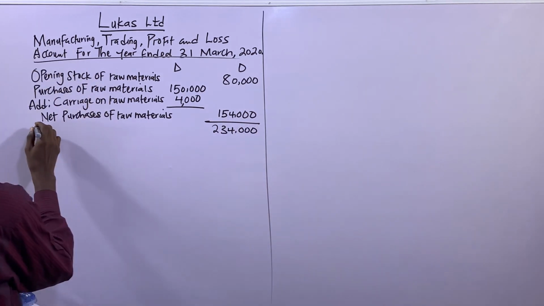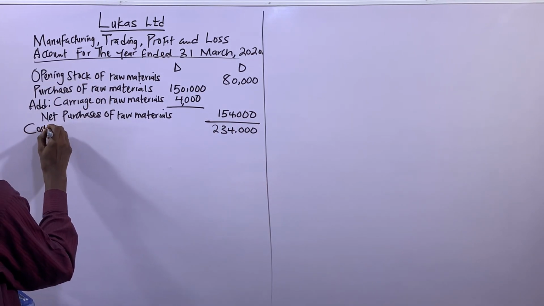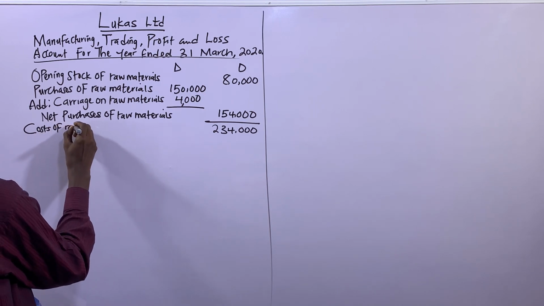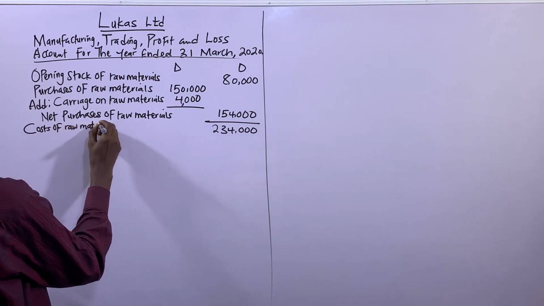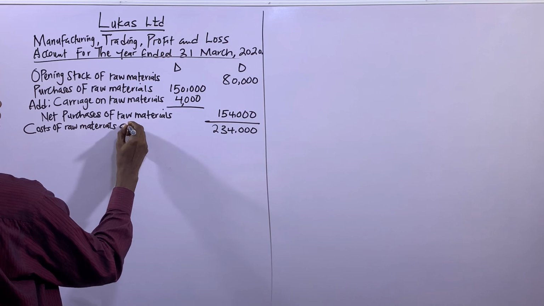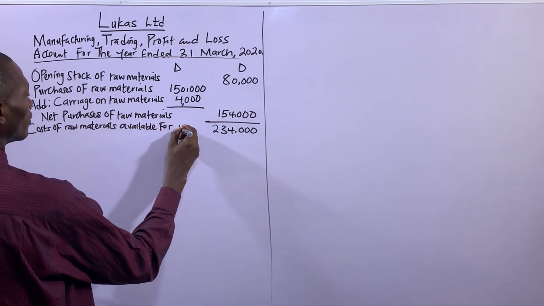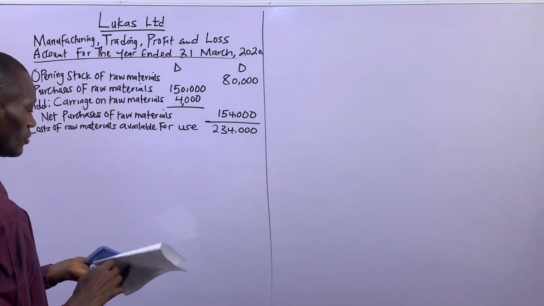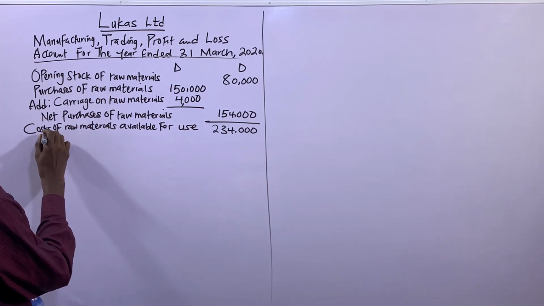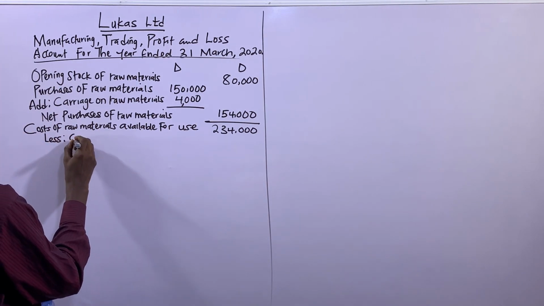We call this cost of raw materials available for use. Then we less our closing stock.